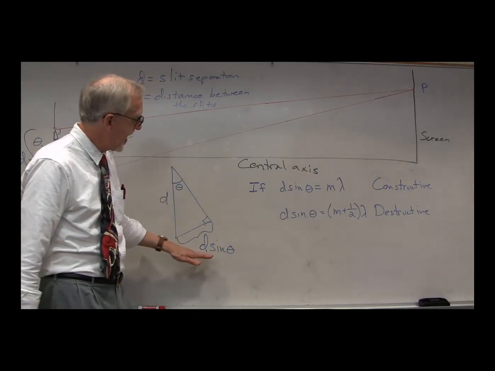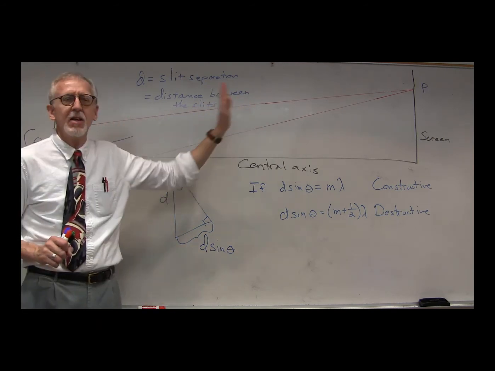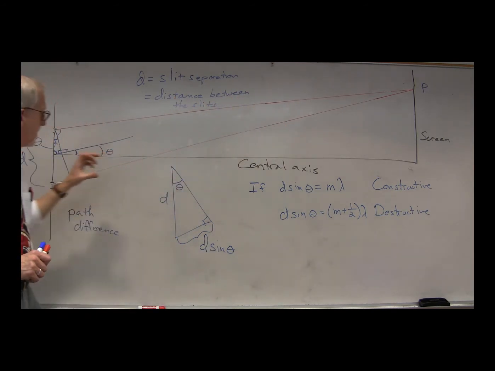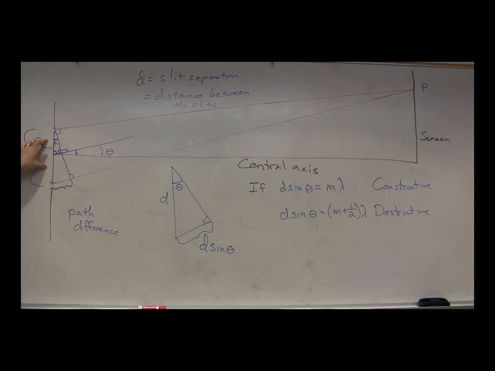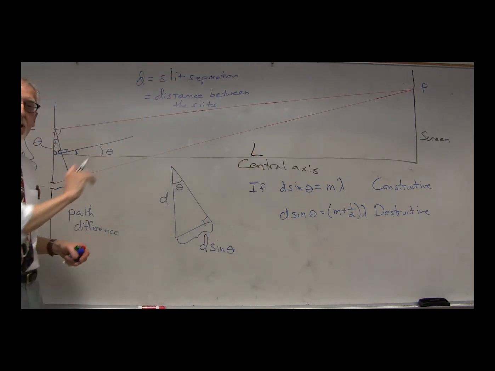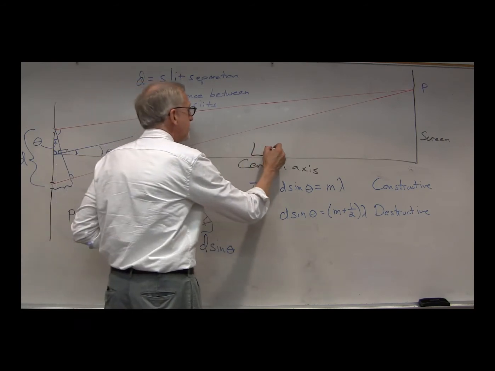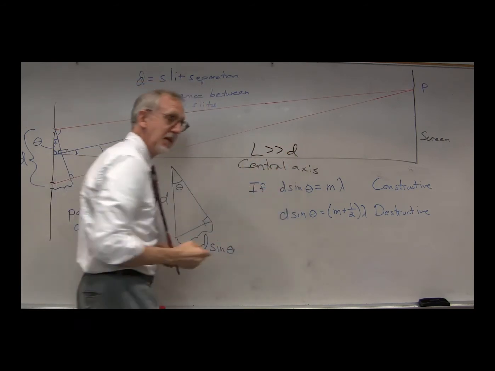So if this path difference, the path difference between the top ray and the bottom ray, and now I have to say I've made an approximation here. I am assuming that the screen is very, very far away compared to the distance between the slits. In other words, the distance from the slits to the screen, L, we are assuming that L is much larger than d.